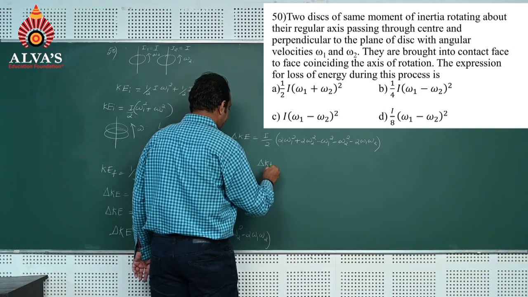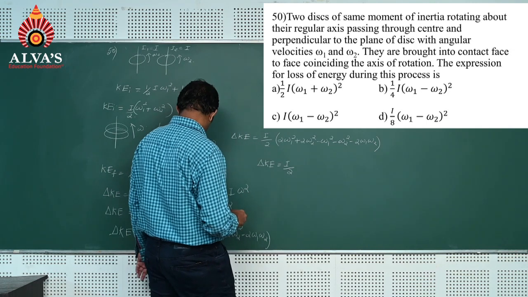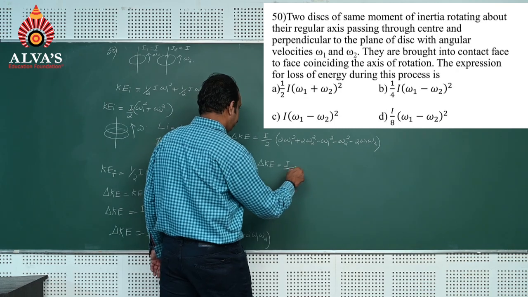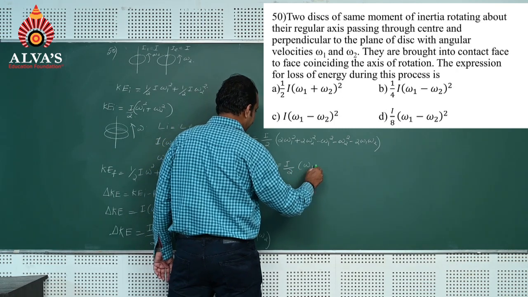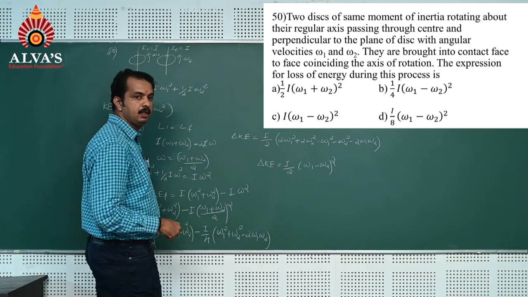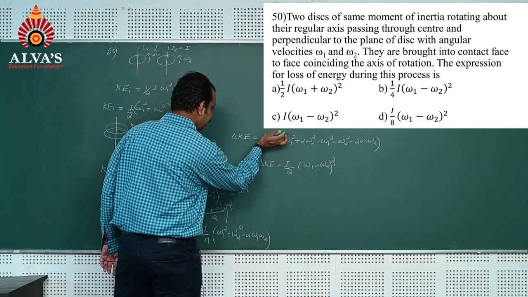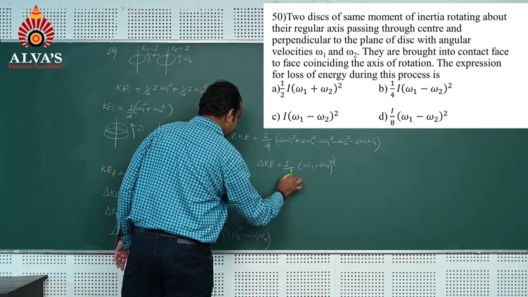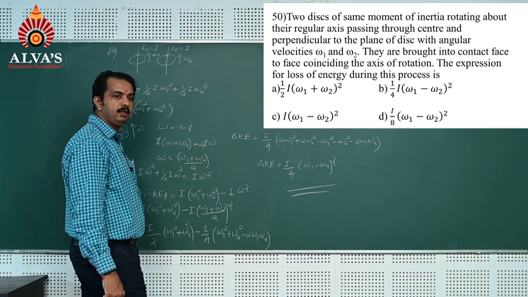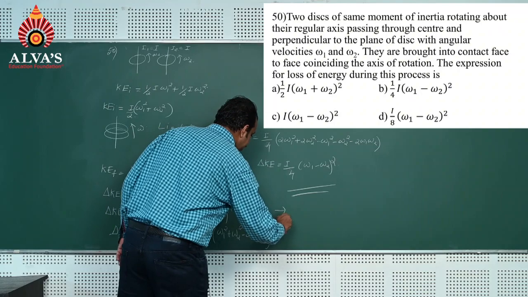That is, loss of kinetic energy is equal to I by 4 into omega 1 minus omega 2 whole square. So here this must be I by 4. That is the correct answer. Option B, I by 4 into omega 1 minus omega 2 whole square, is the correct answer.